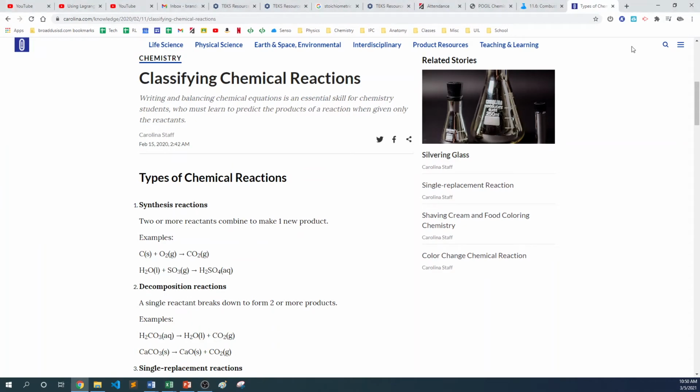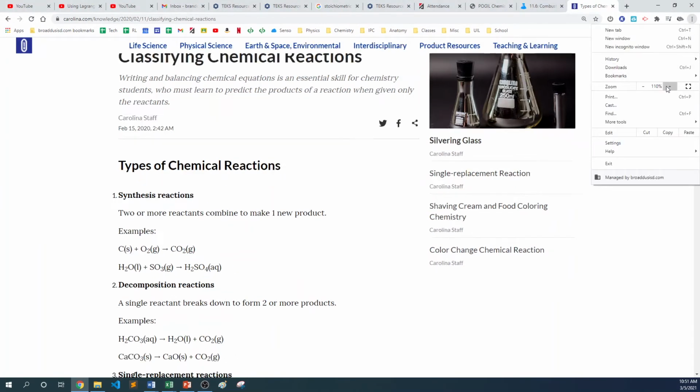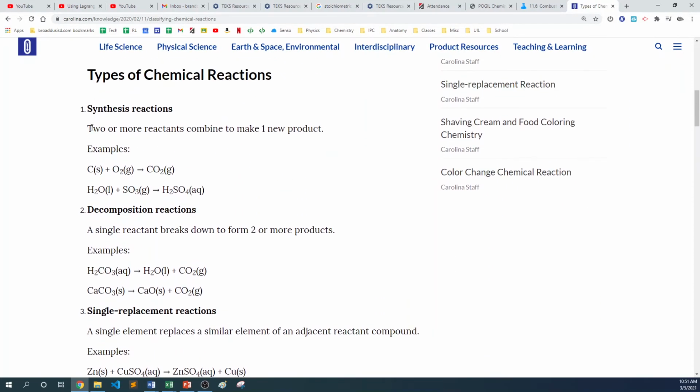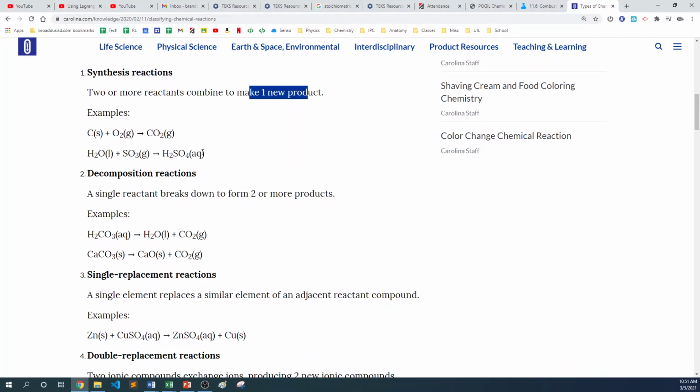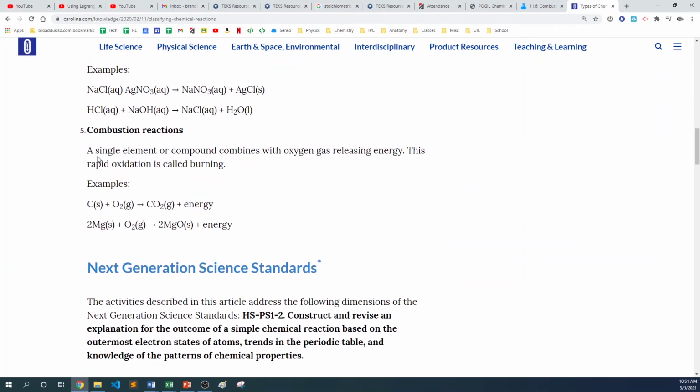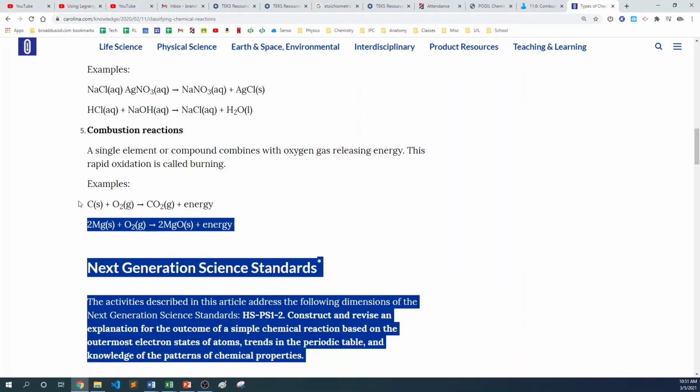So synthesis is when two or more reactants combine to make one new element. So synthesis, synthesis. Combustion is when a single element or compound combines with oxygen gas, releasing energy. That's the key.